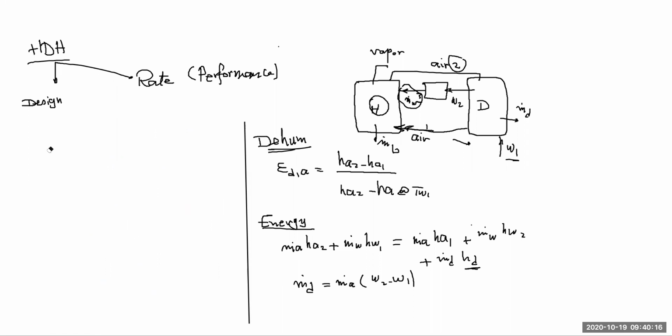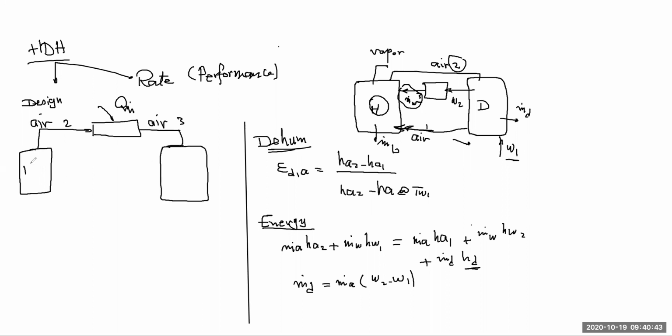I'm talking about a humidifier, and then a heater, an air heater. So the air is being heated here. So this is air at state 2. And then this is leaving at air at state 3, which is at a higher temperature.